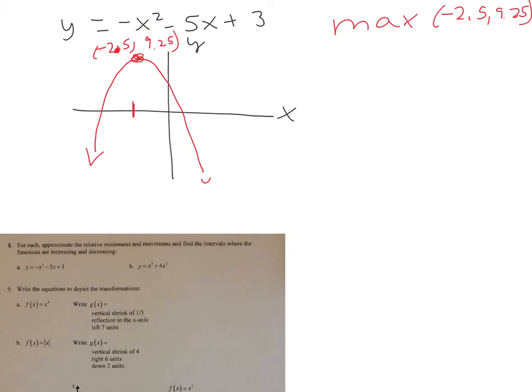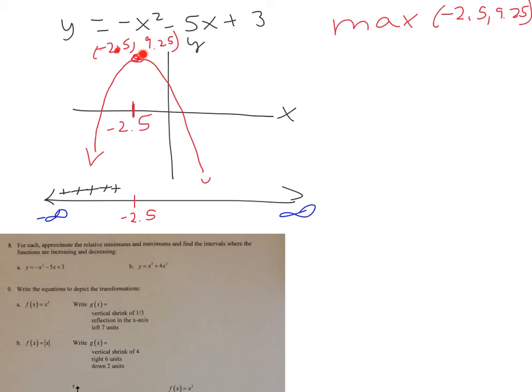Okay, so we're going to label this on the x-axis negative 2.5. And then you're going to draw a number line underneath. And you're going to label negative 2.5. Okay, so remember when you read a graph, you read from left to right. So I'm coming from negative infinity, and it'll go to positive infinity. So from negative infinity to my max, it's increasing. So all pluses in here.